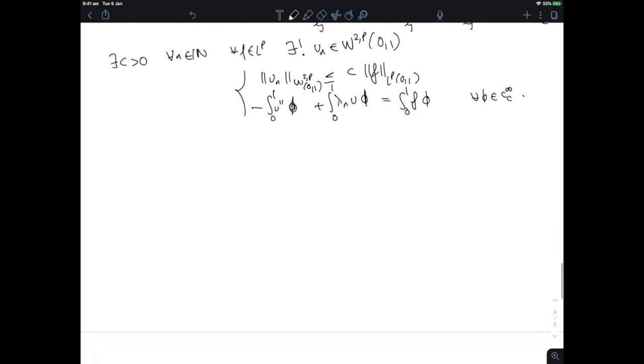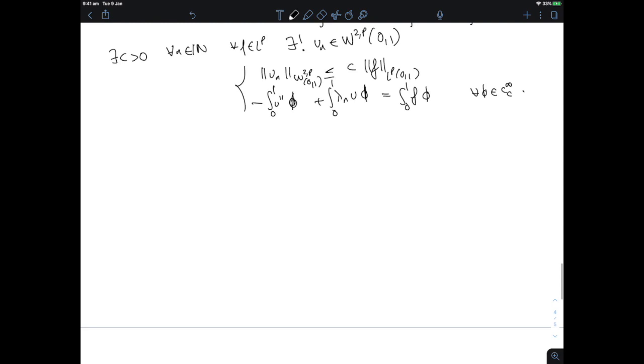So now assume for a second that we knew that W2P is reflexive. We'll prove that in a second. That's very easy to prove. It's just because this turns out to be a closed subspace of LP, and we know that LP is reflexive. So assume that W2P is reflexive.